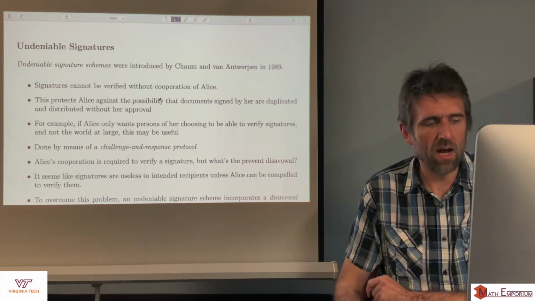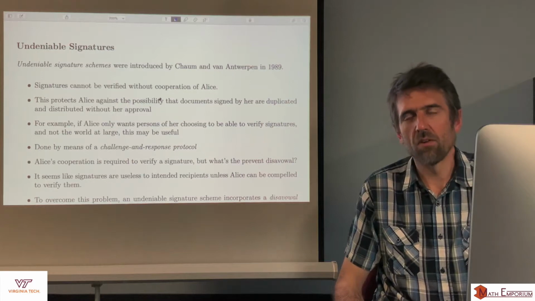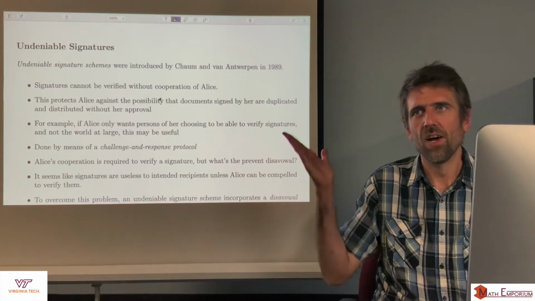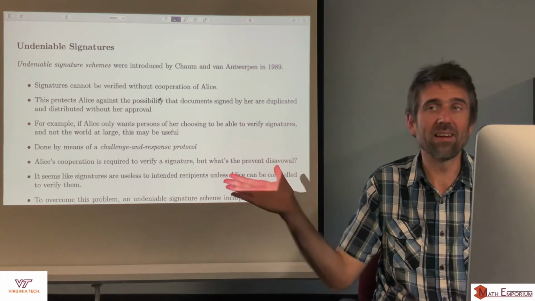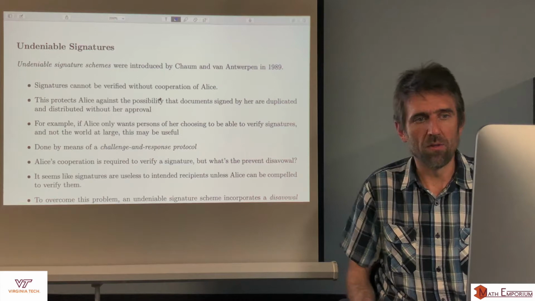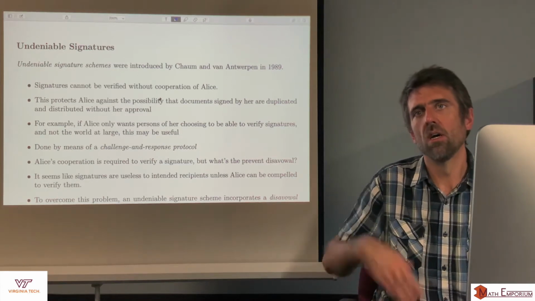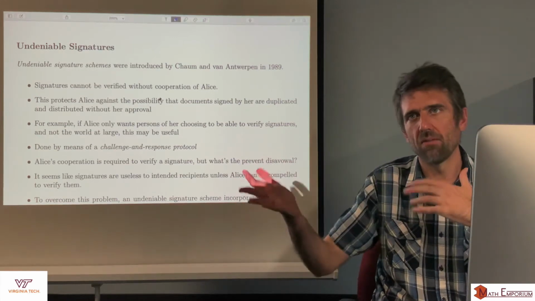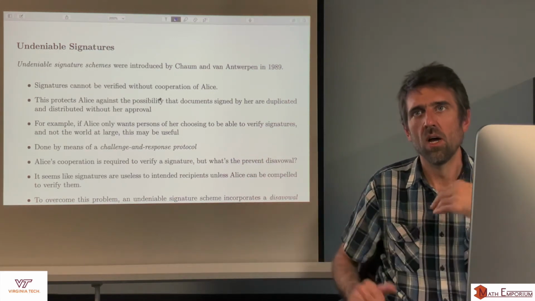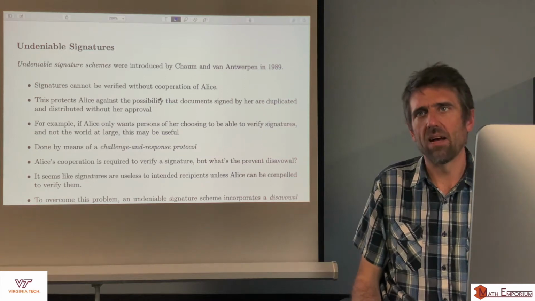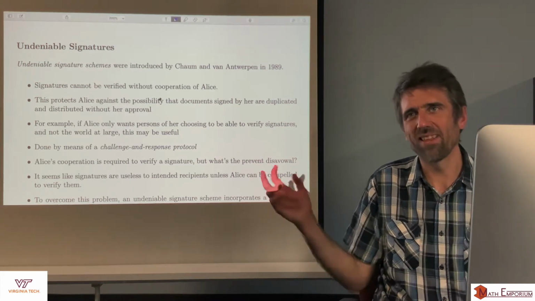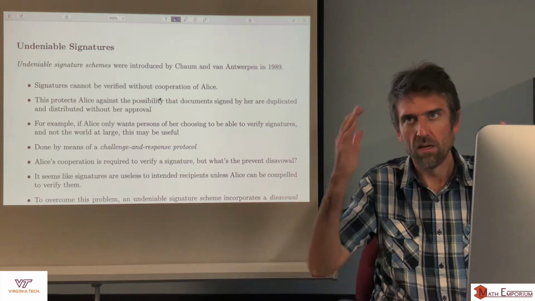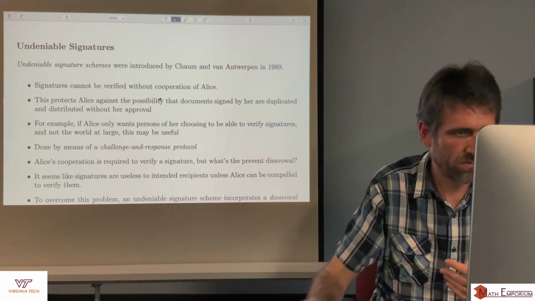Whenever Alice wants to verify the signature one way or another, either that it's correct or that it's incorrect, a forgery, there'll be a protocol to go through. So there'll be a verification protocol and a disavowal protocol, and both will be in the form of challenge and response. Whoever is verifying will issue a challenge to Alice, and Alice will have to respond correctly, for various values of correctly, in either instance, whether the signature is valid or not.